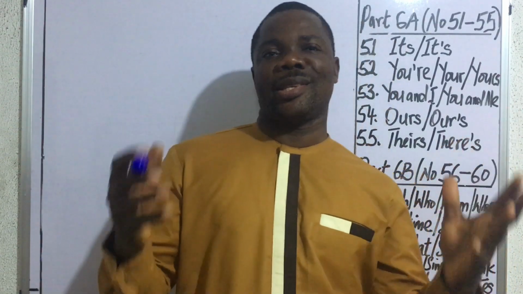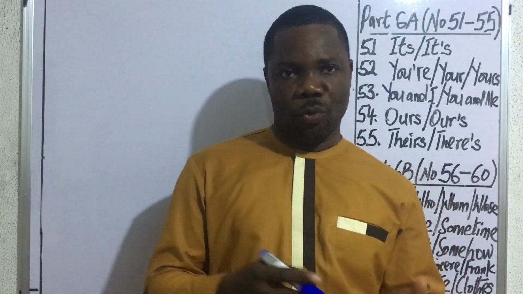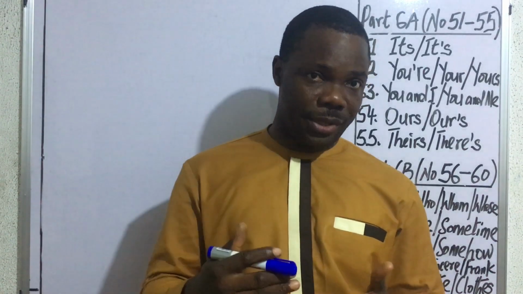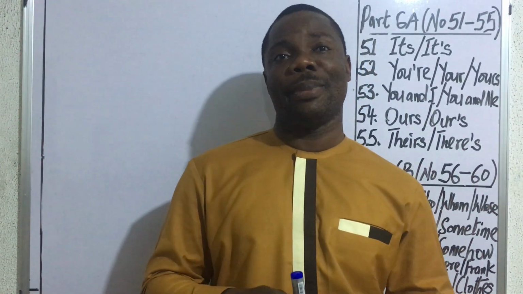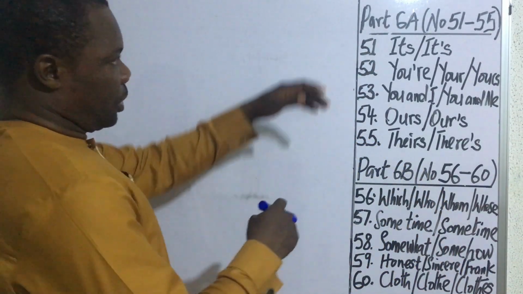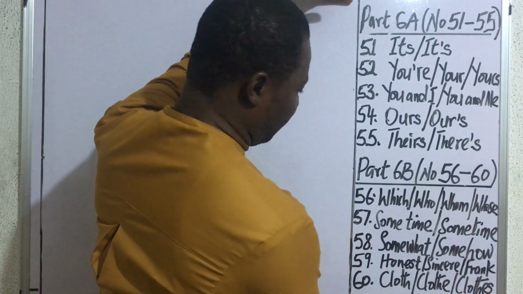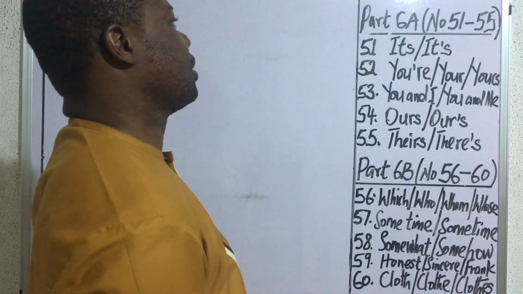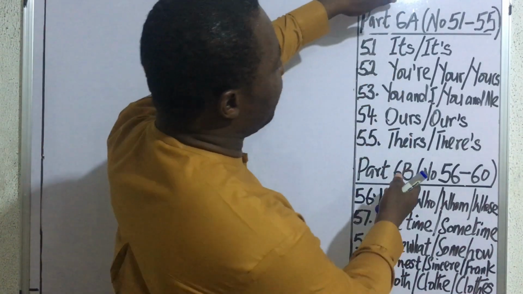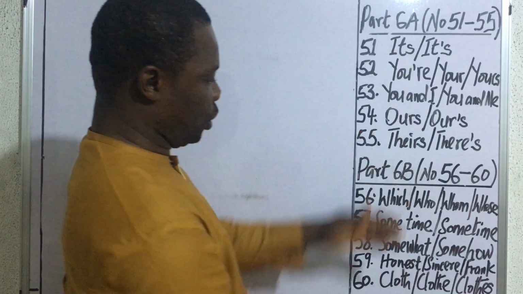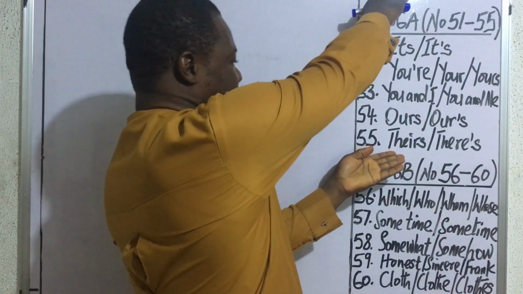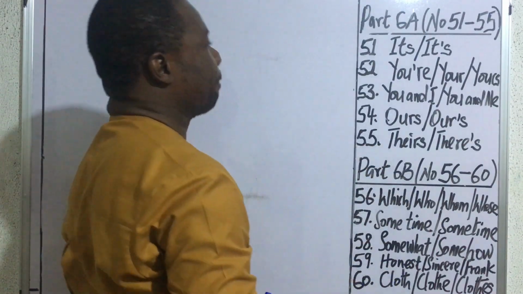Welcome to the sixth episode of our 10-in-1 video series entitled 100 Commonly Misused Words Used in WAEC, NECO and JAMB Lexis and Structure. This evening we want to start talking about the sixth part of our video series, and for easy access we have decided to split this episode into two parts, so that we shall be considering part 6a and part 6b.